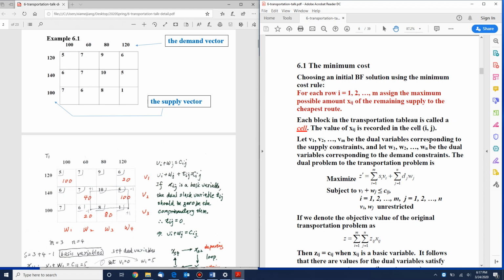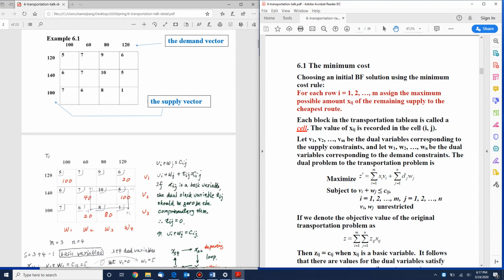So we put 100 into the first block, and we just look at the first row. Here we still have 20 remaining in source 1, right? Then we check the remaining 3 blocks on the first row: 7, 9, 6. So 6 is the next cheapest cost.